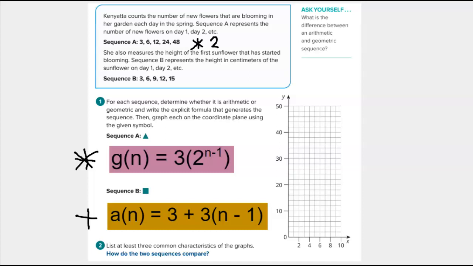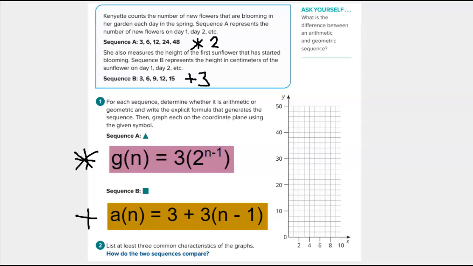In this sequence, the arithmetic sequence, we're adding 3 each time. So 3 plus 3 is 6. 6 plus 3 is 9. 9 plus 3 is 12. 12 plus 3 is 15. So we have a geometric sequence and we have an arithmetic sequence.